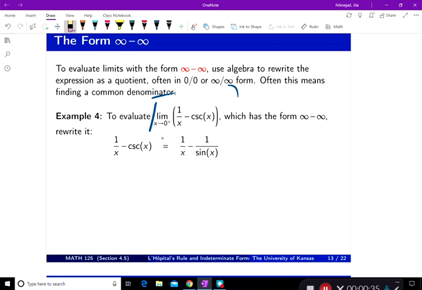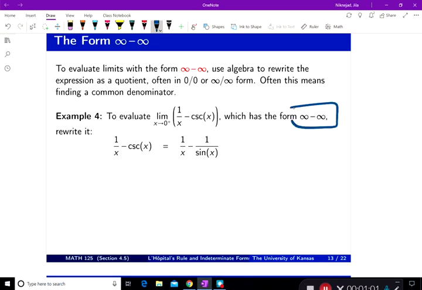When you're doing this limit, what you realize is that the expression you're taking the limit of, 1 over x minus cosecant of x as x approaches 0, is 1 over 0 minus 1 over sine of 0, and it's infinity minus infinity.